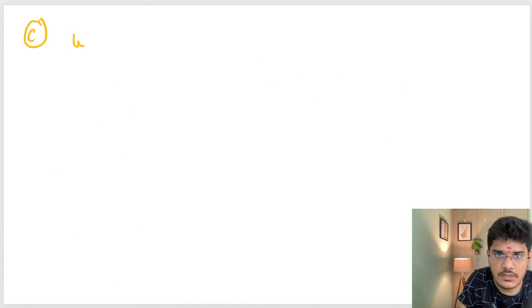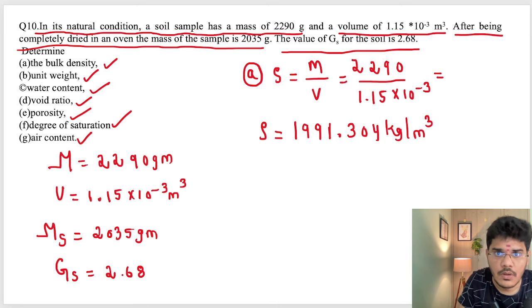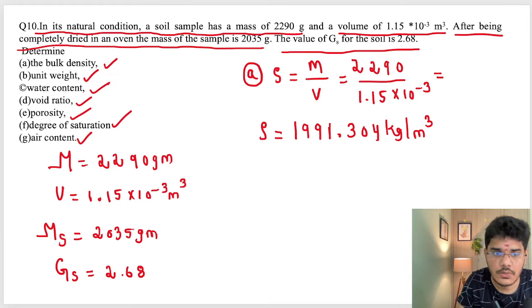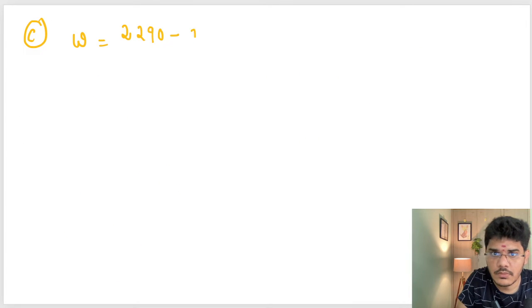So water content is equal to mass of wet soil, 2290, minus mass of dry soil, 2035, divided by mass of dry soil, 2035.